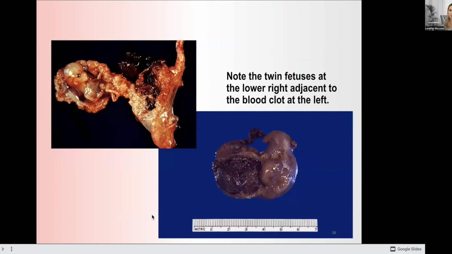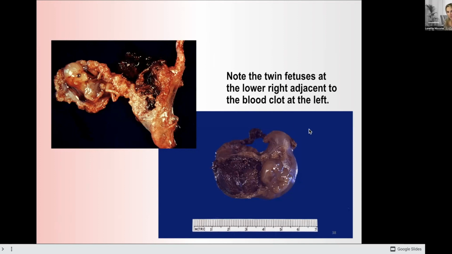And then we've got a picture of a fetus that has been taken out along with the uterus and the tubes. This fetus was stuck in the tube. It's hard to estimate how big that fetus is, but I don't think it's bigger than 9 weeks.